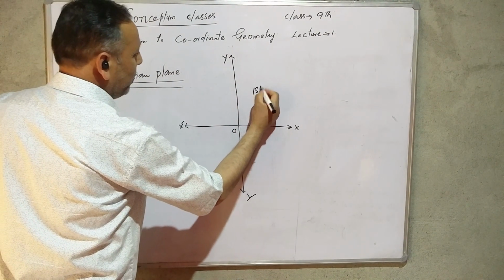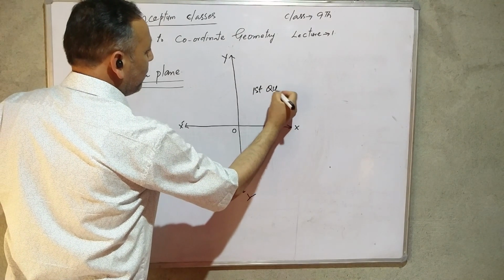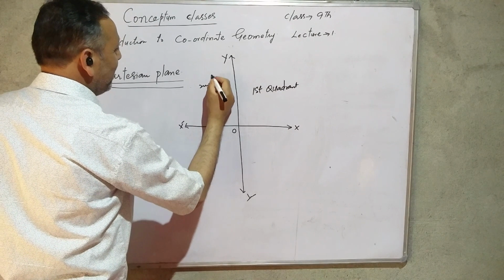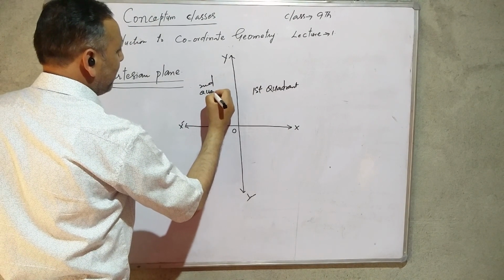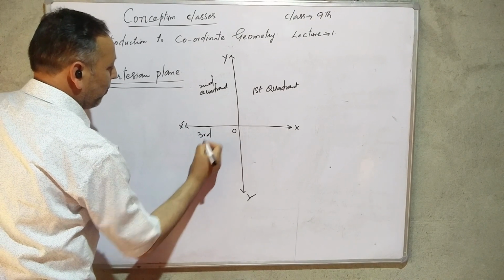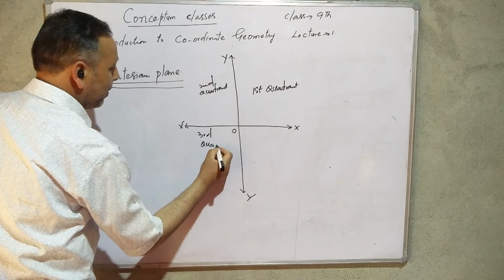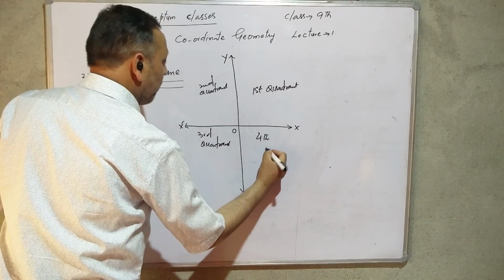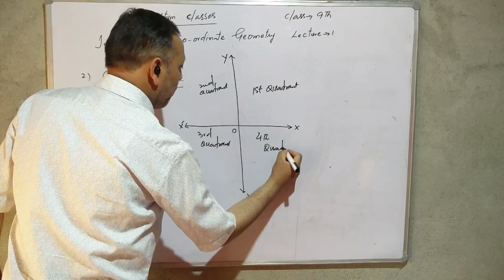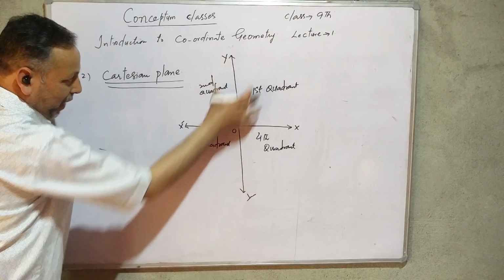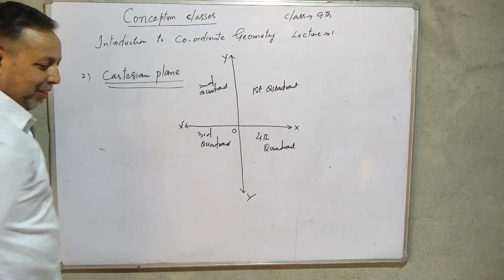This is the first quadrant. This is the second quadrant. This is the third quadrant. And this is the fourth quadrant. With the x-axis and y-axis, the plane is divided into four quadrants.